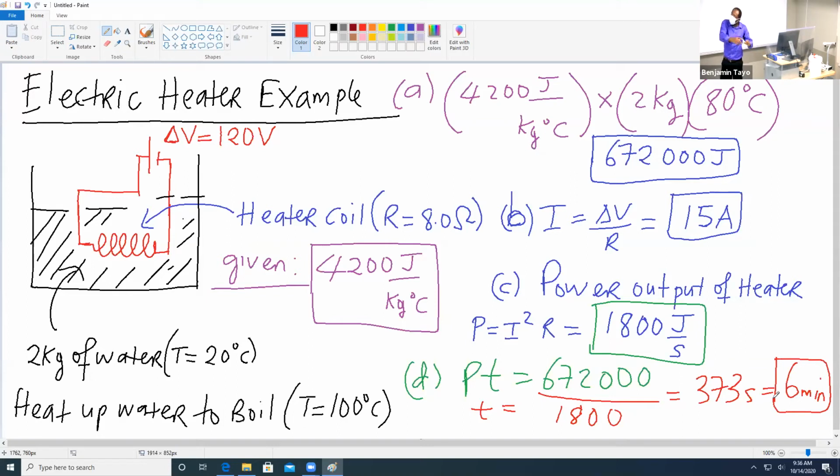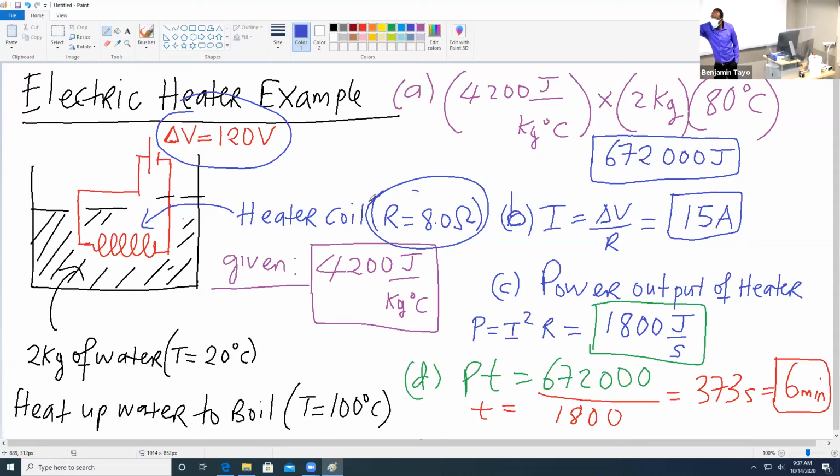How long is it going to take me to heat up my water from 20 degrees Celsius to 100 degrees Celsius? It simply depends on how much voltage we have and what the resistance of the heater is, do you guys see that? Because the supply voltage and the resistance of the heater tell me what the power output of my heater is, right?